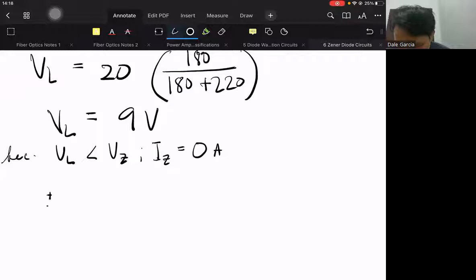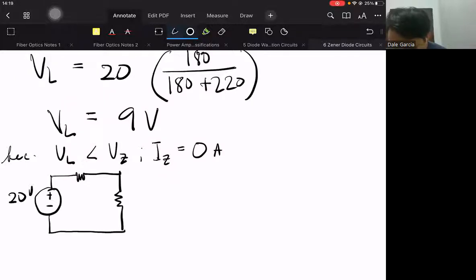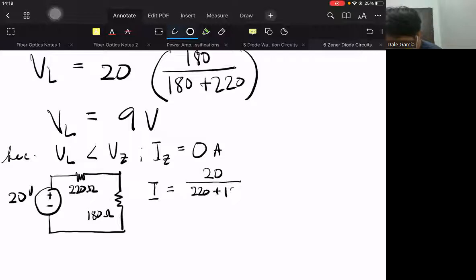So this circuit is as if the Zener diode is not there: 20 volts, 220 ohms, 180 ohms. Therefore, I is equal to V over R, so 20 over 220 plus 180.